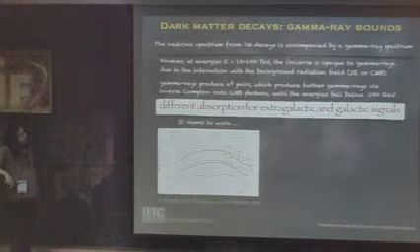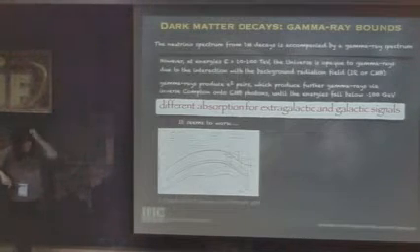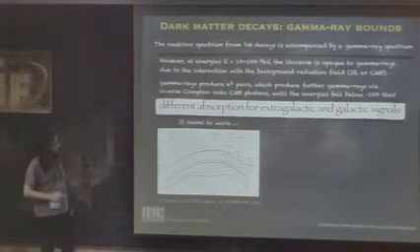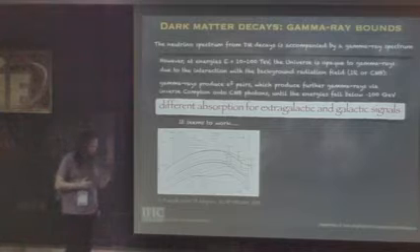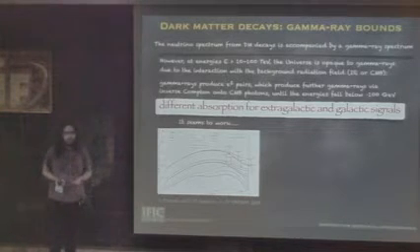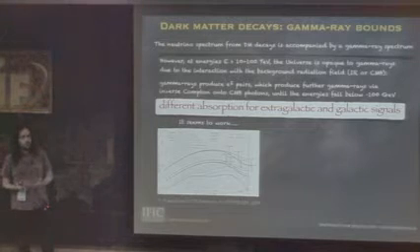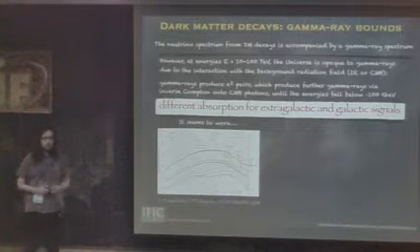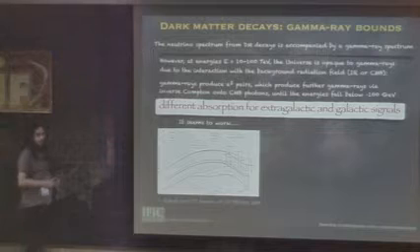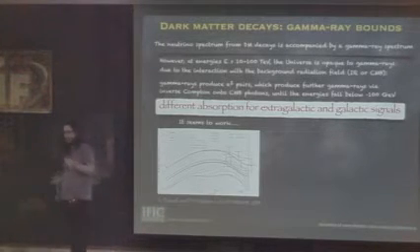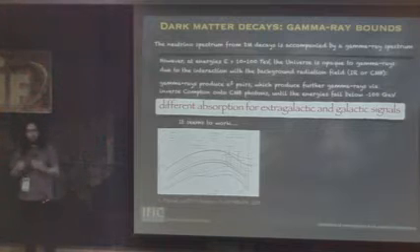Okay, so here comes the multi-messenger part of this problem. When dark matter decays and produces neutrinos, there is always a flux of gamma rays accompanying those neutrinos. If dark matter decays into a pair of quarks, as I said before, the quarks would hadronize and produce pions.